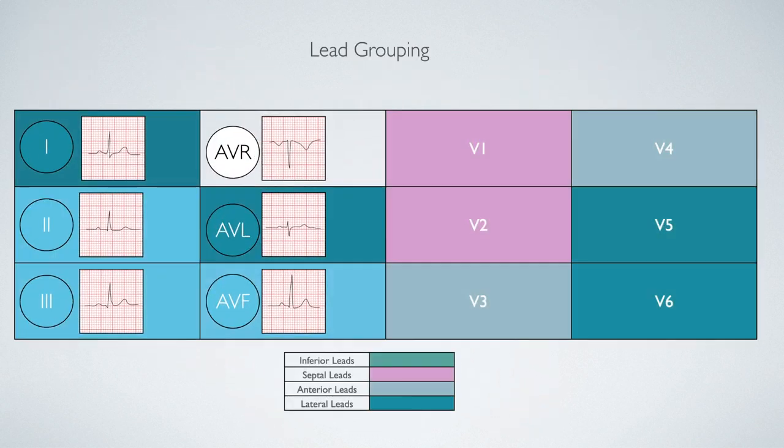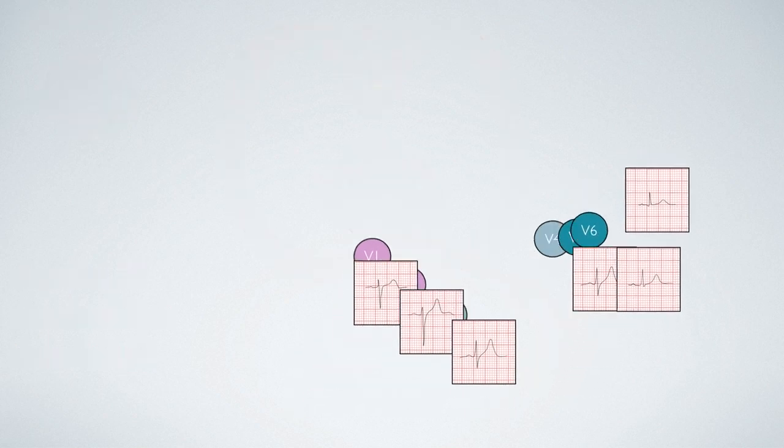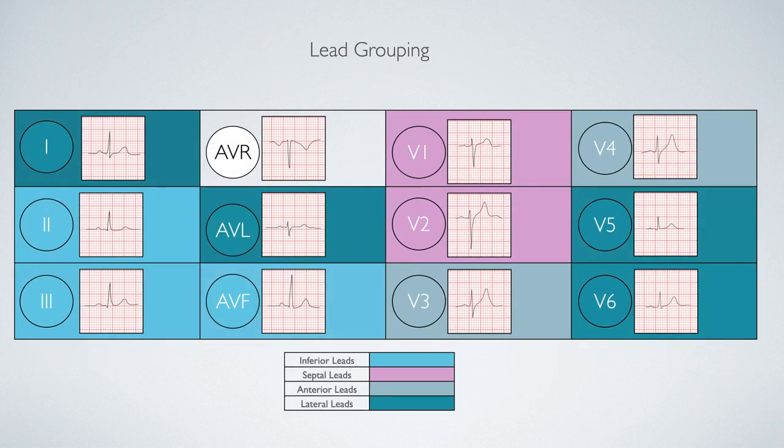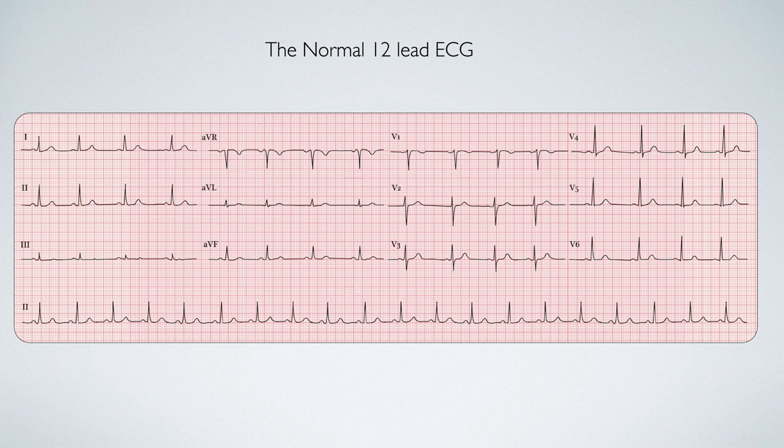If we now take each of the views we have generated, we can arrange them in such a way that we can see the outputs from the inferior, septal, anterior and lateral positions, and all of these outputs together produce the 12-lead ECG. So this brings us to the end of our 12-lead ECG video.